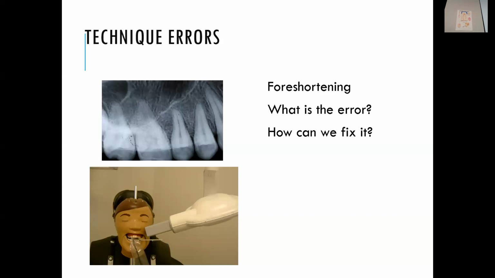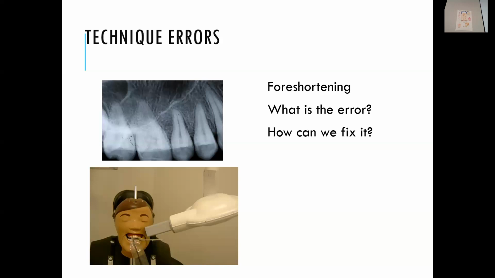So your beam is too steep, and this area here is going to squish down the actual size of your tooth, and you're just going to have this smaller image that's kind of been compressed and smushed down because you're too steep.